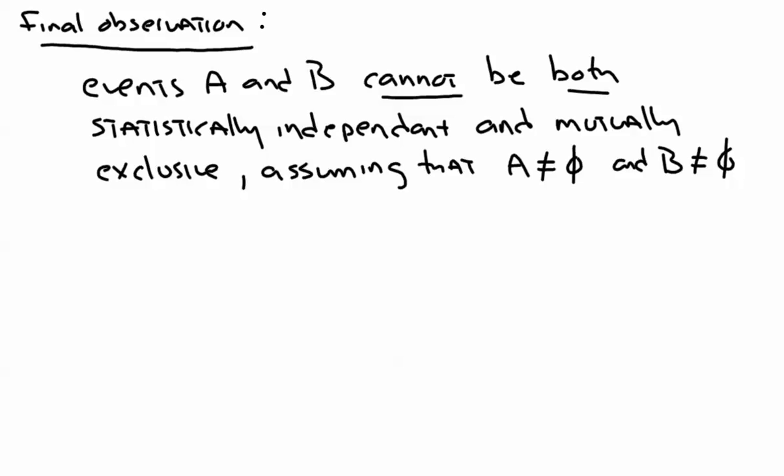All right. Events A and B cannot be both statistically independent and mutually exclusive under the assumption that A and B are neither the empty set.